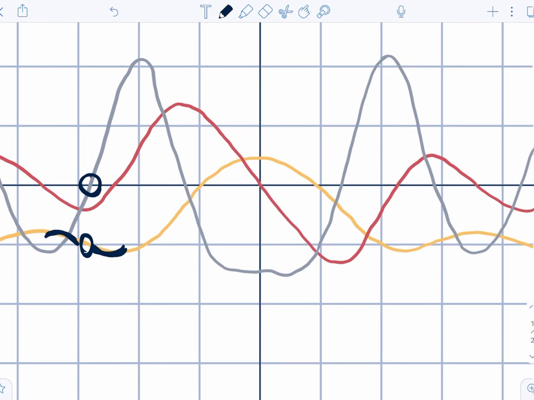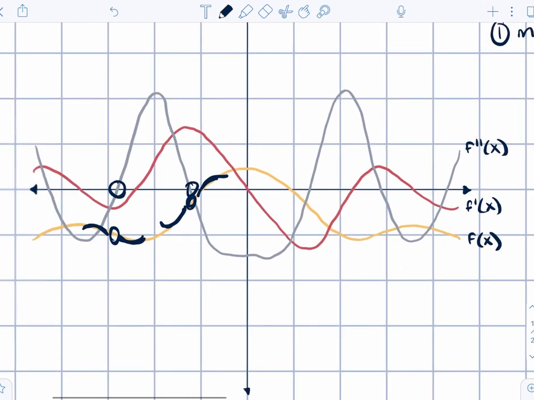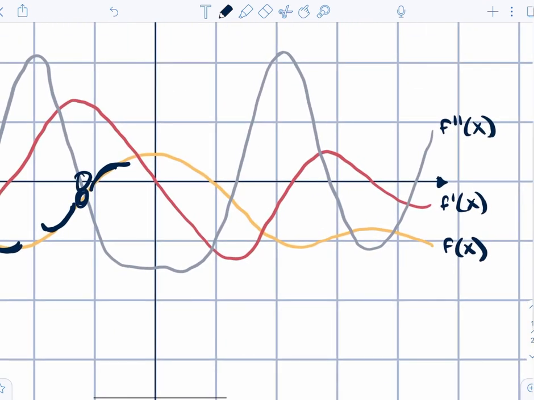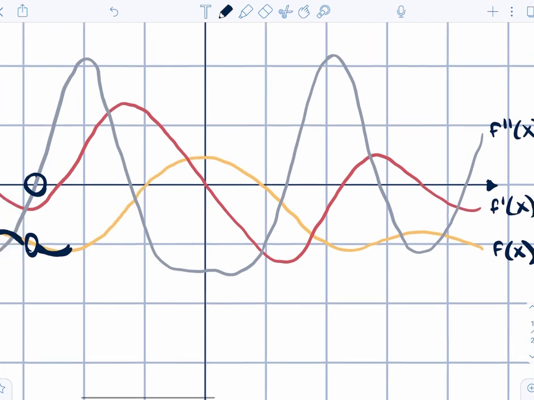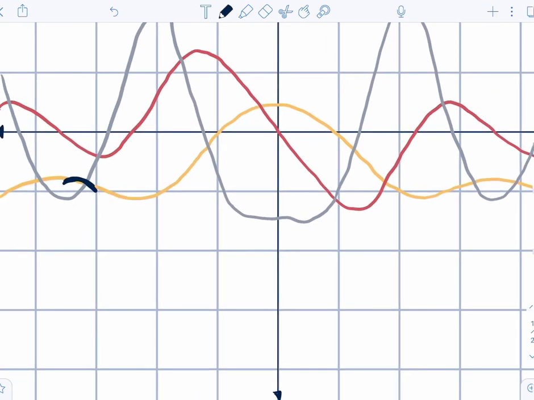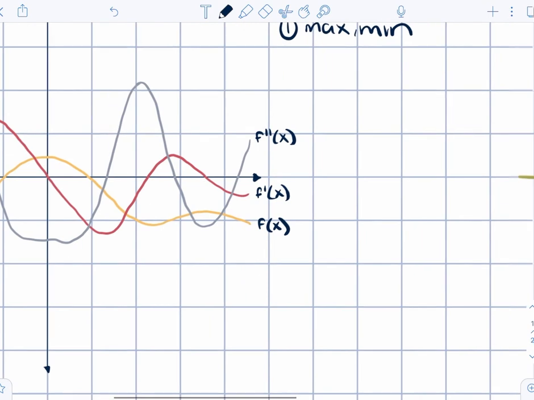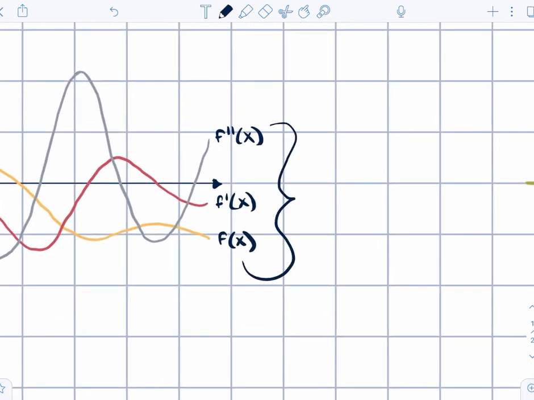And then right over here, it goes from concave up to concave down, and it crosses over there. Over here, we have concave down, then concave up, and it also crosses the x-axis at the second derivative there. So it's safe to say that that is our second derivative. So these labels right here are our answer.